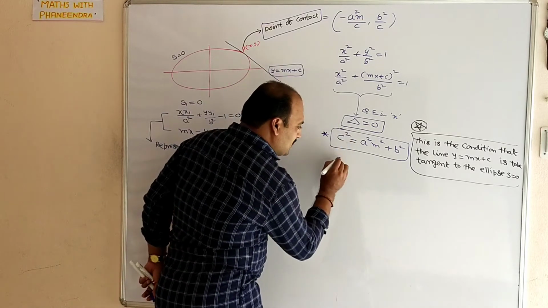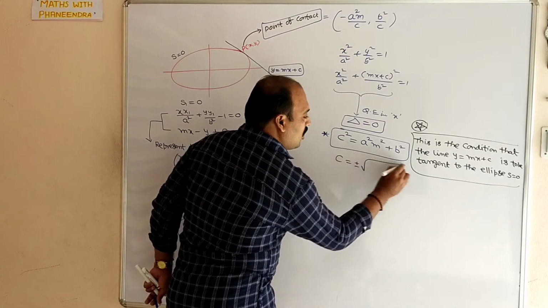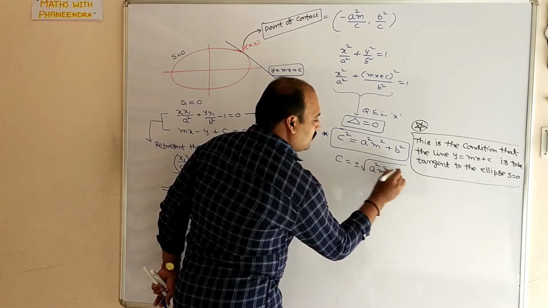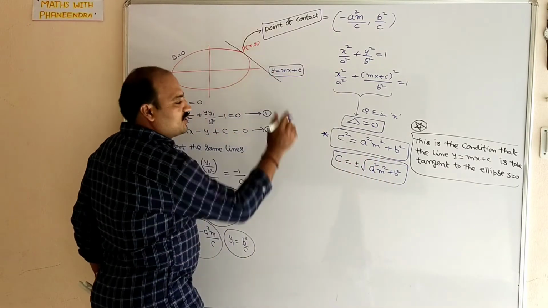From that, if you remove the square, c is plus or minus root of a square m square plus b square. So this c value we substitute in this equation.